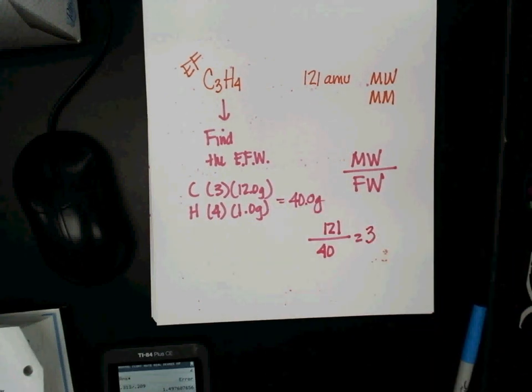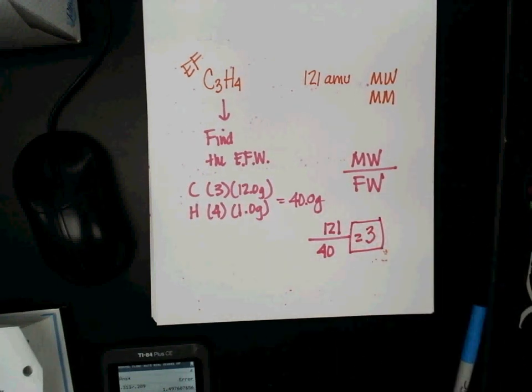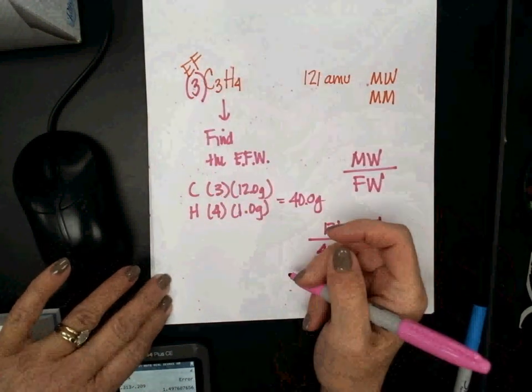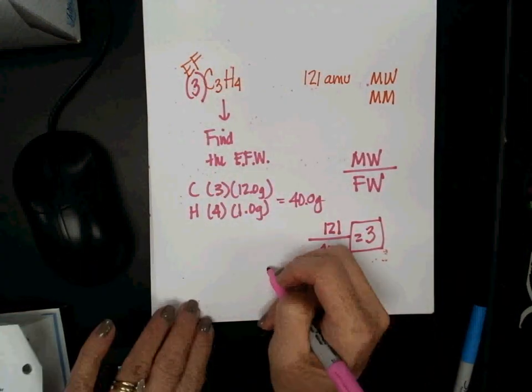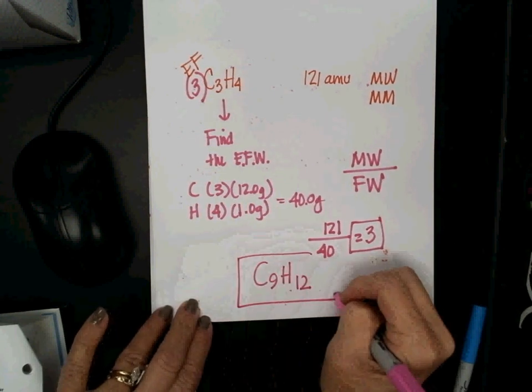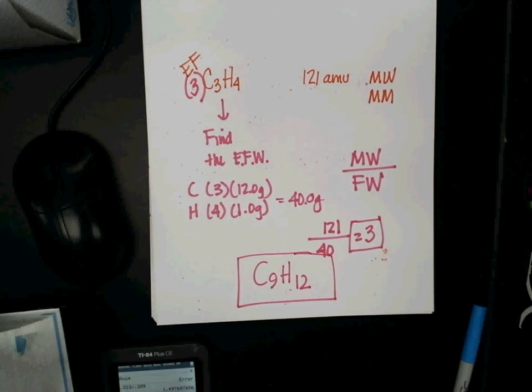Pretty darn close to 3. So what do I have to do with this 3, do you think? What'd you say, Kira? Put it out front and do what with it? Multiply with it. So I have to take this whole thing times 3. So I end up with C9H12.